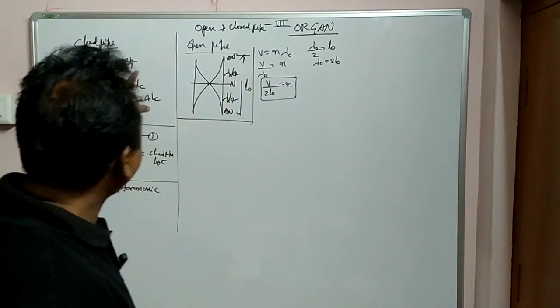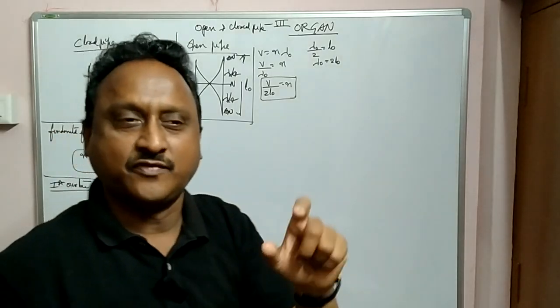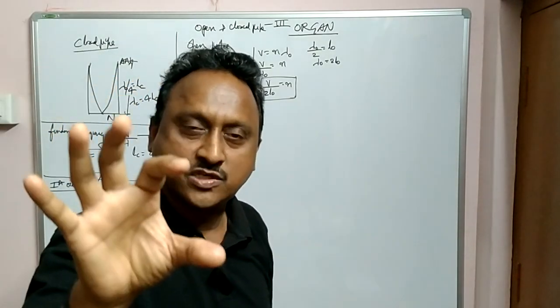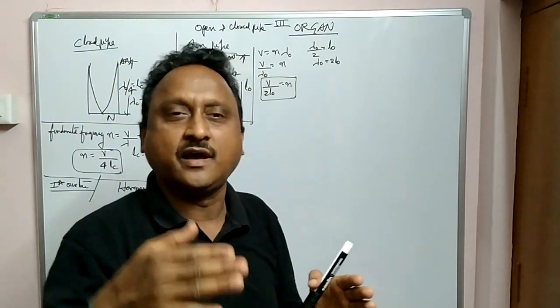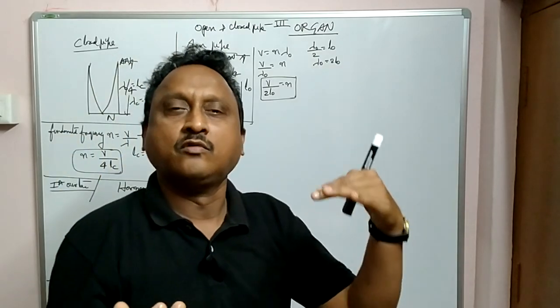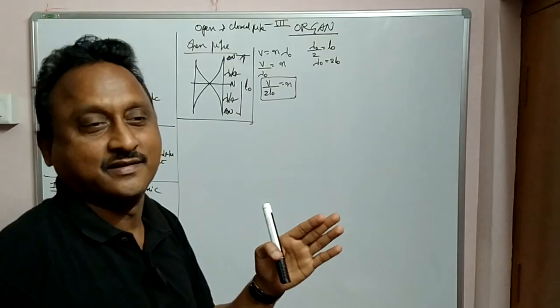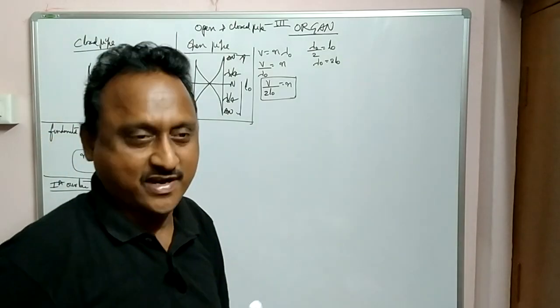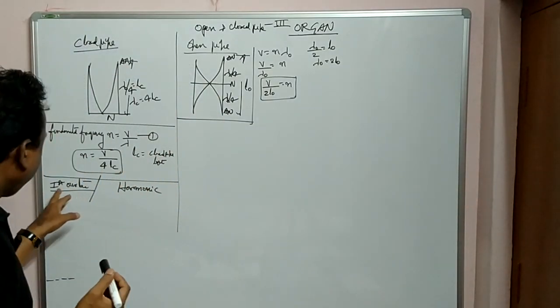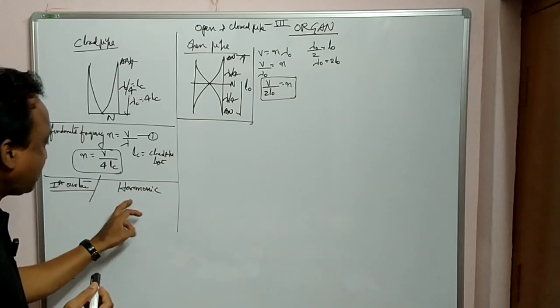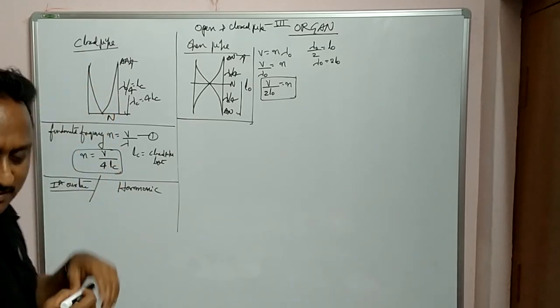For example, I told you in the closed pipe it will be slightly different. Except for the closed pipe, in open pipes harmonic minus 1 gives the overtone. That is generalized. But in the closed pipe it is not coming like that; it is coming in a different fashion. We'll see what happens. For the first overtone, we'll see which harmonic is coming for the closed pipe.